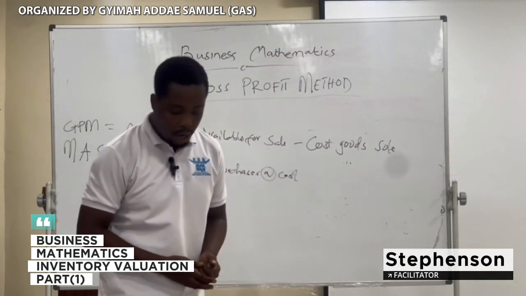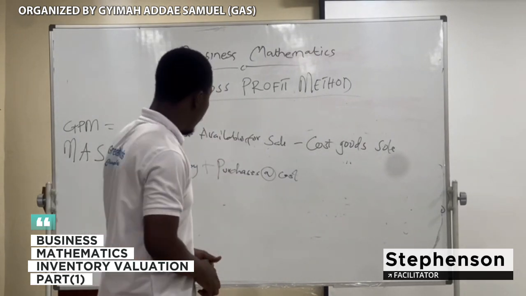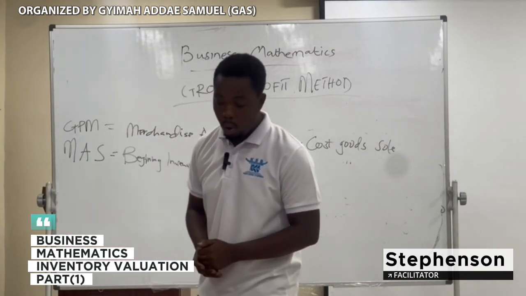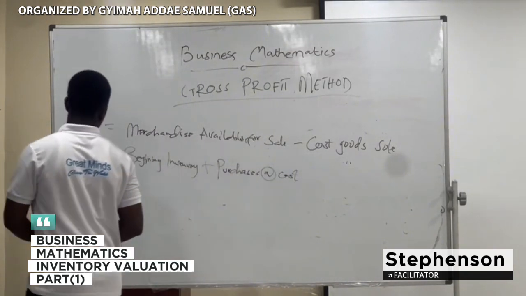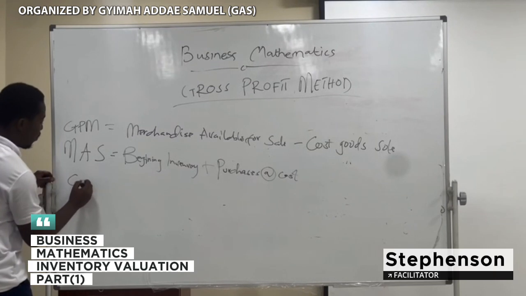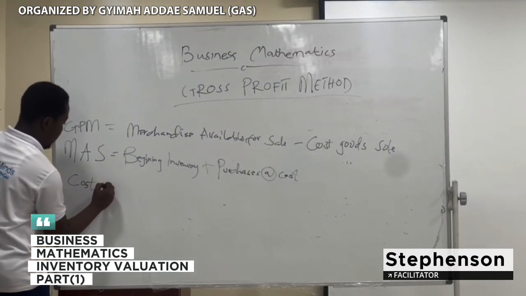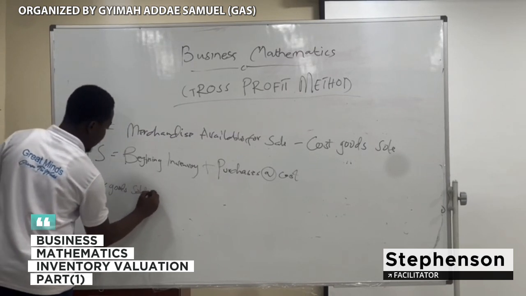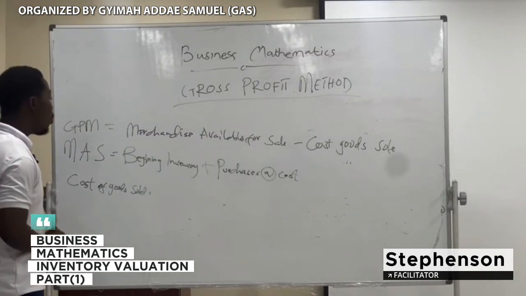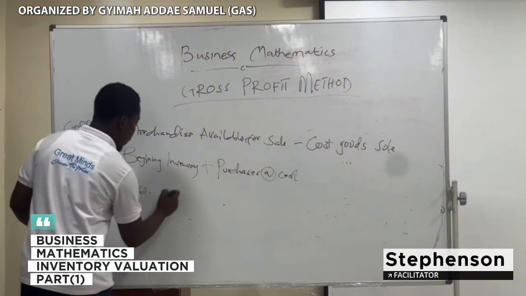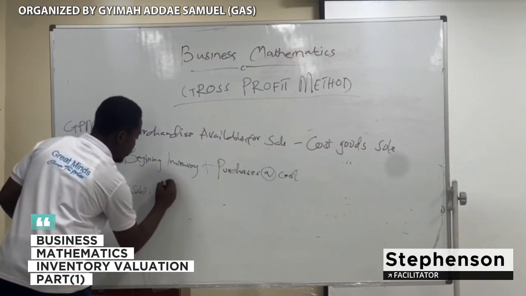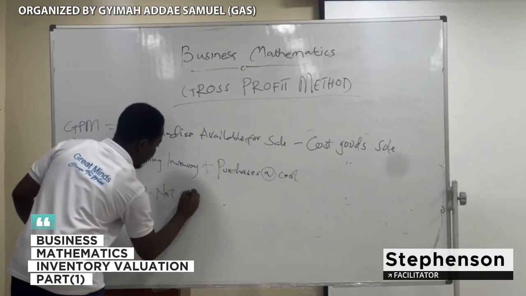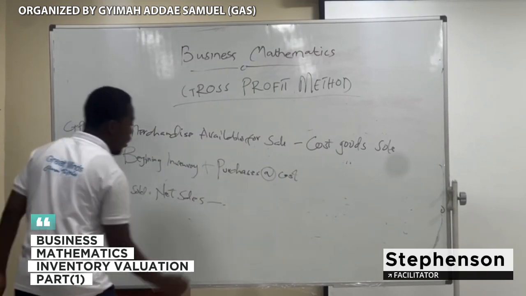So then, how do we calculate our cost of goods sold? Our cost of goods sold is equal to our net sales minus our markup.